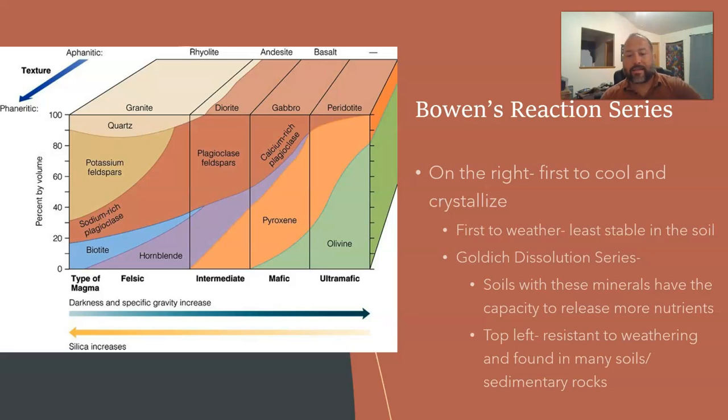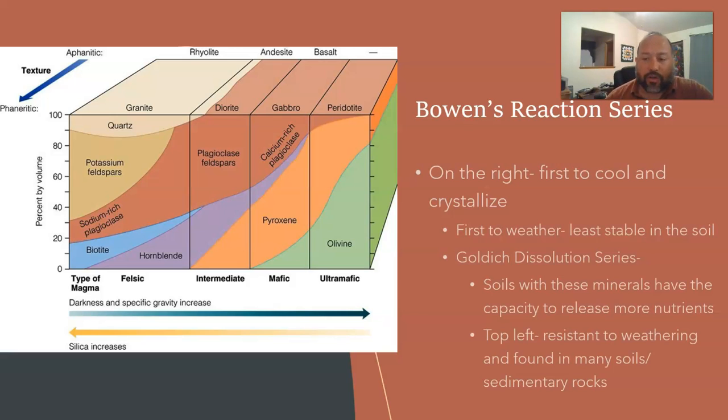And what we can see here, if we combine this with some of the other things that the book talks about, is that the ones that are going to be the least stable in the soil, so the ones that are going to be easily moved out of the soil, are the first to weather. So we've talked about weathering being the idea that with wind and water, you'll get these things to move out of the soil.